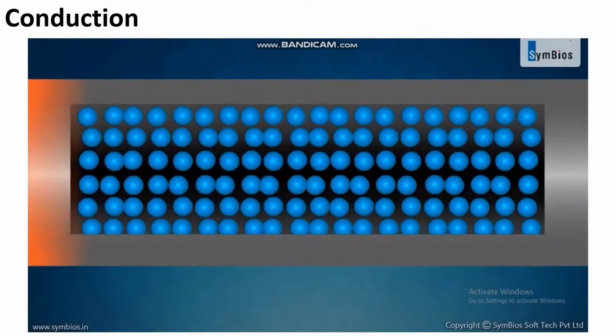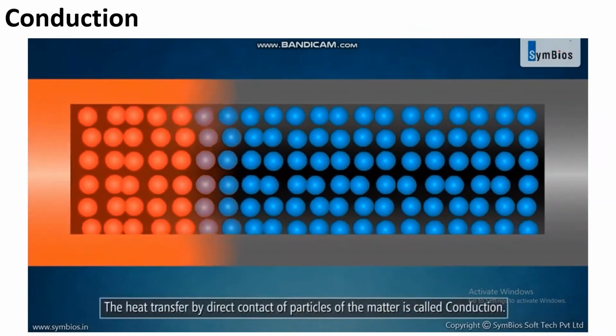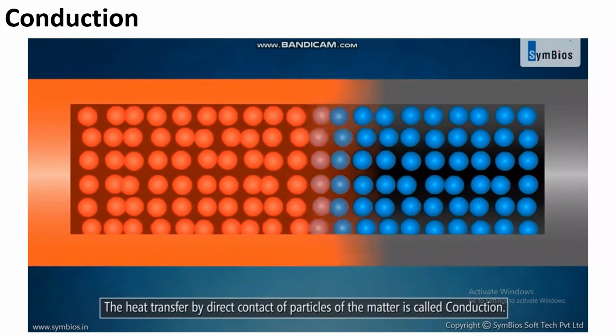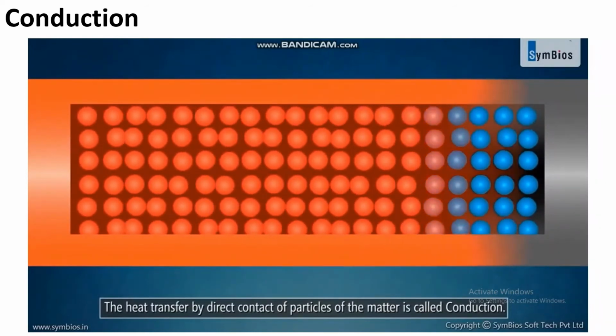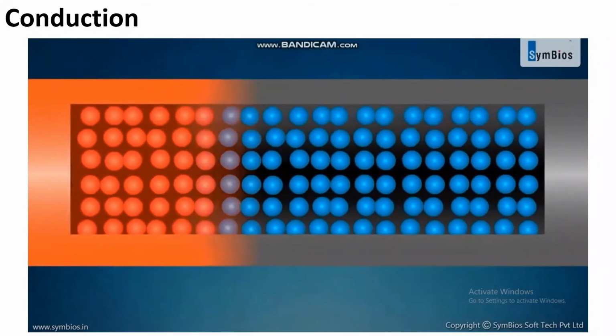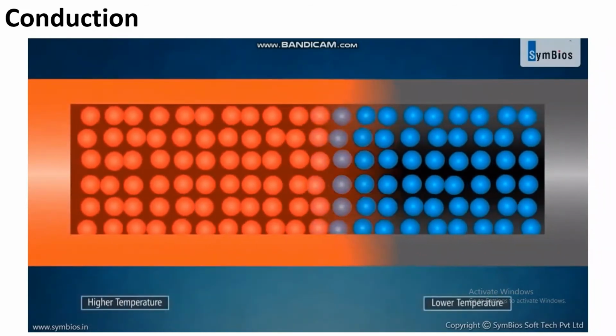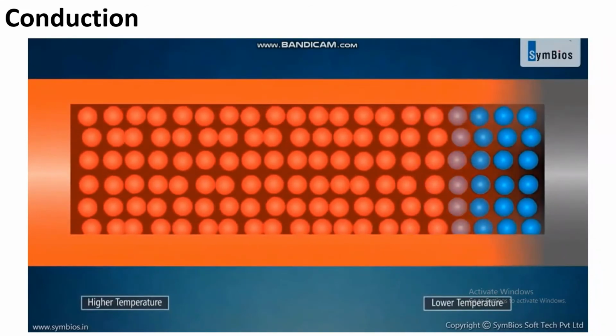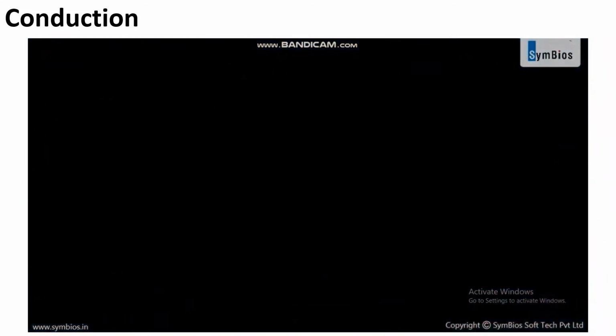Conduction. The heat transfer by direct contact of particles of the matter is called conduction. The heat transfers from higher temperature to the lower temperature by migration of atoms in a molecule.